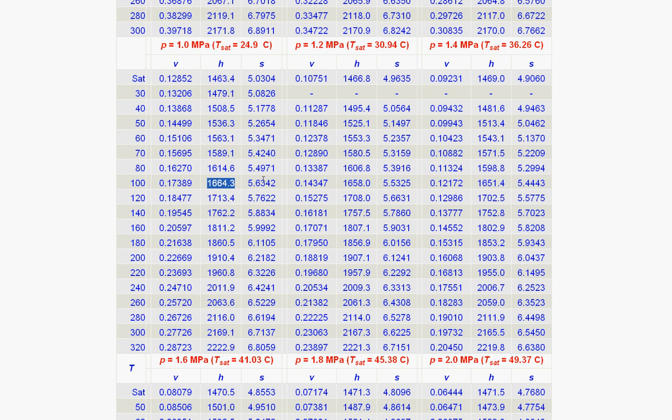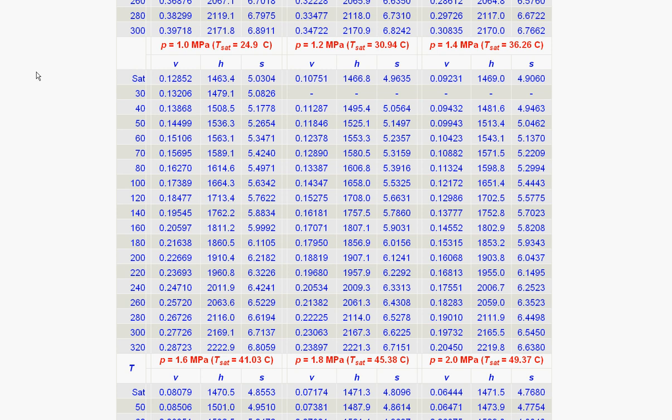One more thing about these tables is it also shows you a T sub SAT for each table. Now what that is is the saturation temperature. And the saturation temperature is the temperature at which ammonia goes from being saturated to being superheated. So this is the threshold that it has to overcome to be classified as superheated.